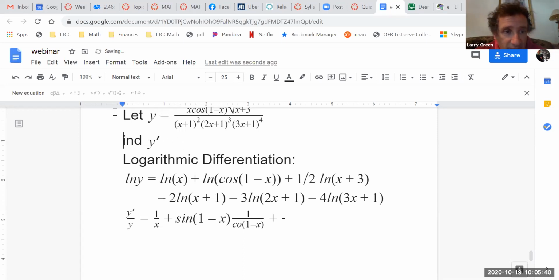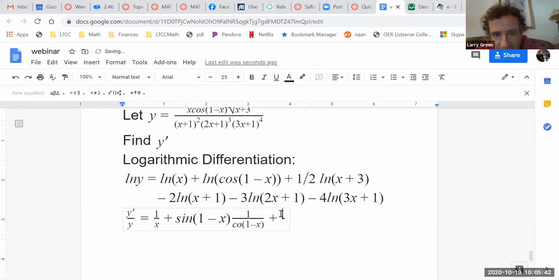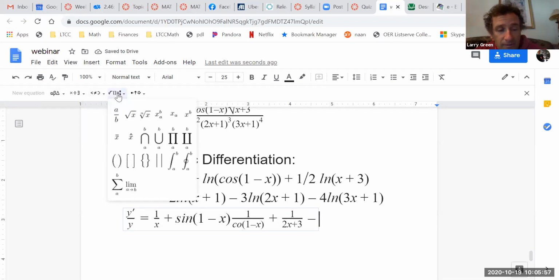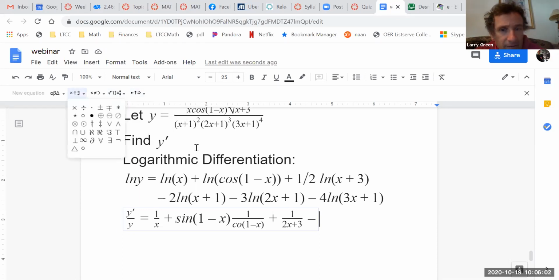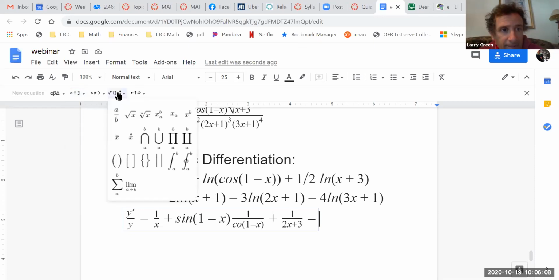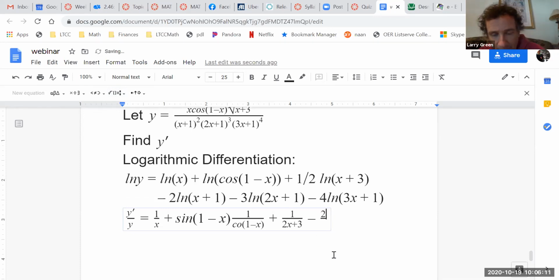And then we do the next one. Well, that's going to give you a minus, and we'll get 2 over x plus 1. Okay, and then do the next one. We're going to have a minus 3 over 2x plus 1 times 2 because of chain rule.